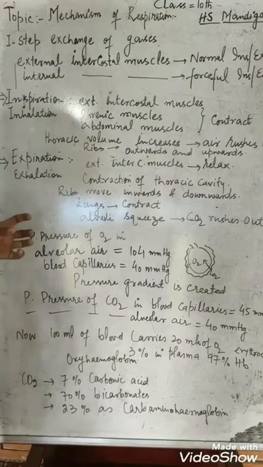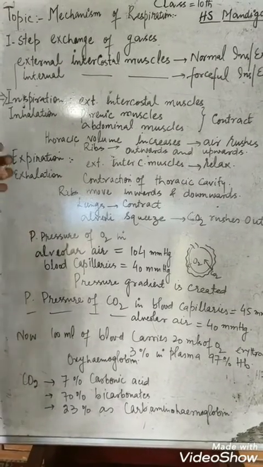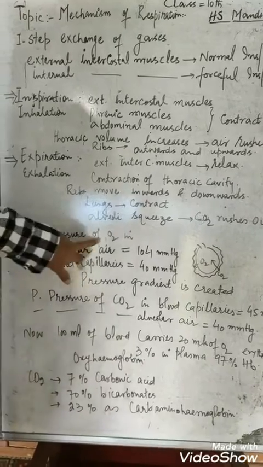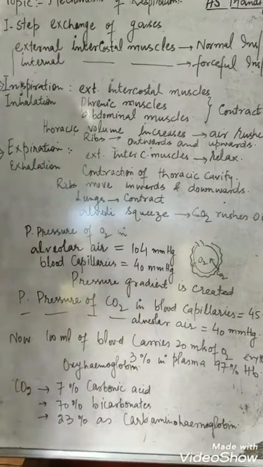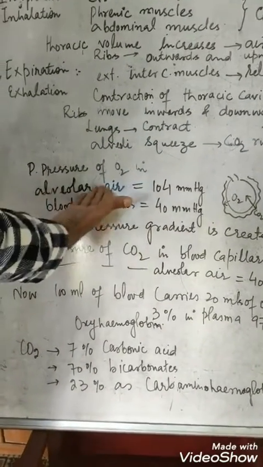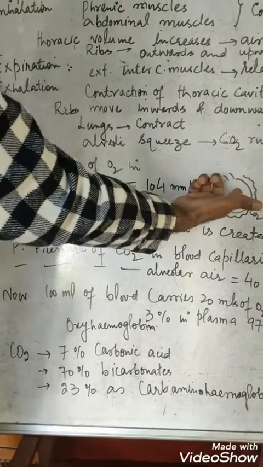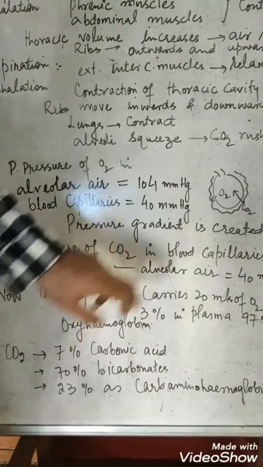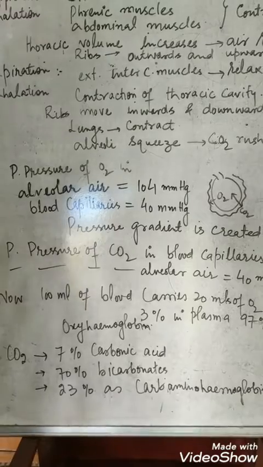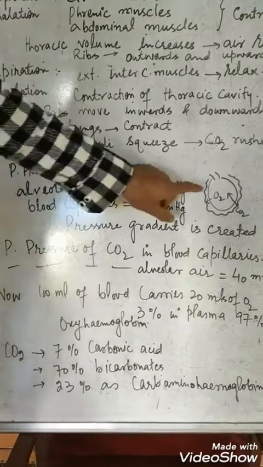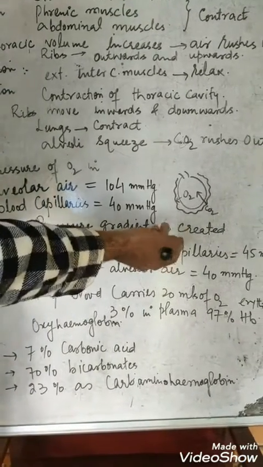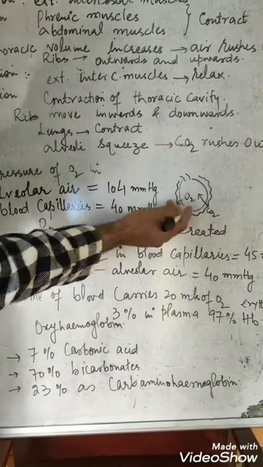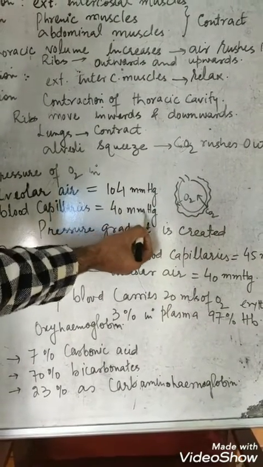The partial pressure is the pressure of a particular gas in a mixture of gases. The partial pressure of oxygen in the alveolar air, the air present in our alveoli, is around 104 mmHg, millimeters of mercury, and at the same time the oxygen present in our blood capillaries around the alveoli has a partial pressure of around 40 mmHg.